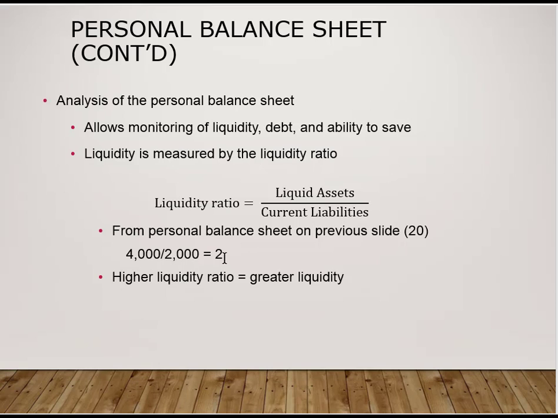So we have a liquidity ratio of 2.0. The higher the ratio, the greater the liquidity. Maybe a bank would say, unless you have a liquidity ratio of 3.0, we won't lend you any money. So they'll do this calculation to determine whether or not you're entitled to get a loan.